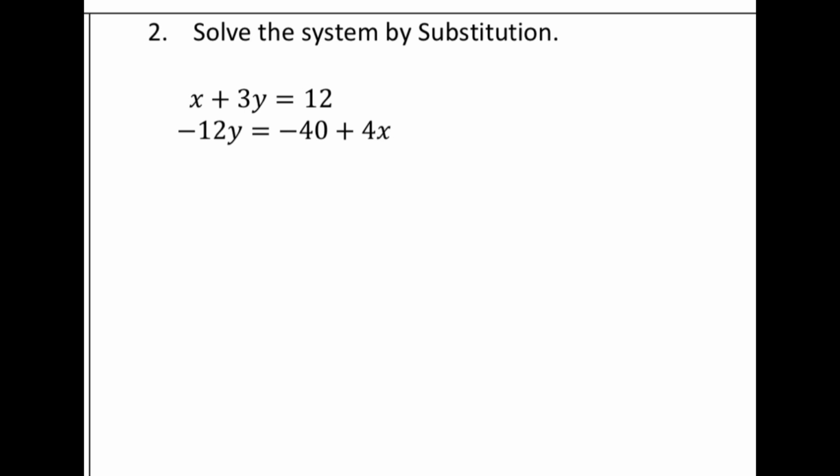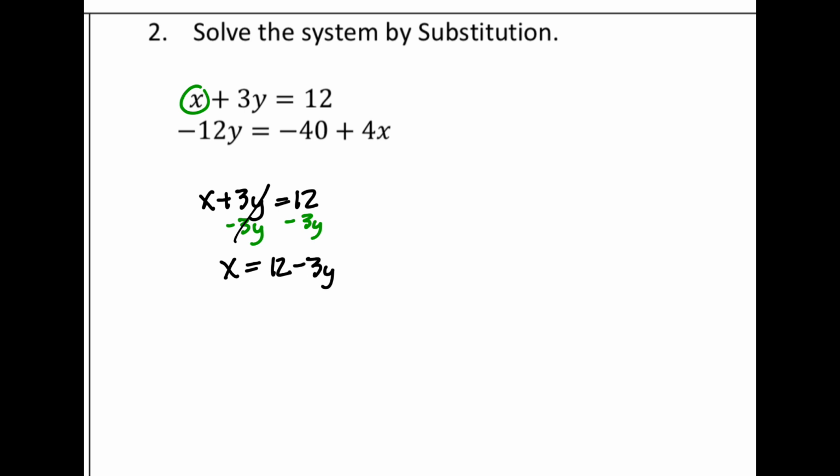All right, so I'm going to solve for x right there. So down here at the bottom, I'm going to rewrite it, and minus 3y from both sides. So those cancel, and I get x equals 12 minus 3y.